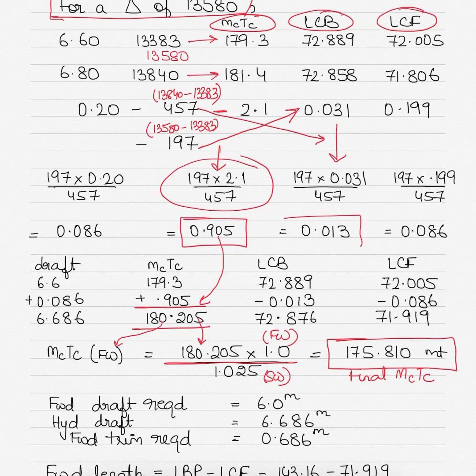Then you get a correction of 0.013, because your LCB is decreasing with increasing draft, or increasing displacement rather. You will subtract it from the LCB of 13383 displacement, and you will get the LCB value. Now I told you that for values in meters like LCB and LCF, you don't have to do any conversion from freshwater to seawater. This is the final for freshwater as well as for seawater.